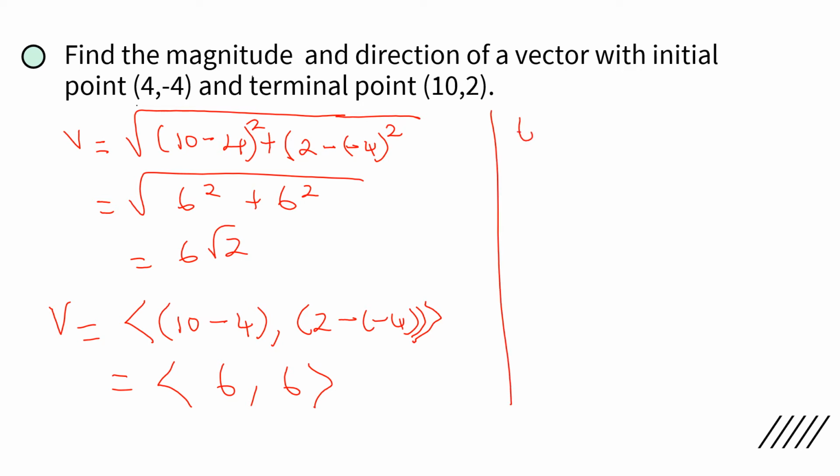So tangent of theta is equal to 6 over 6. Theta is equal to tan inverse of 1. Theta is equal to 45 degrees, or pi over 4.